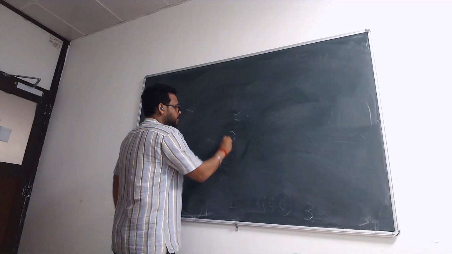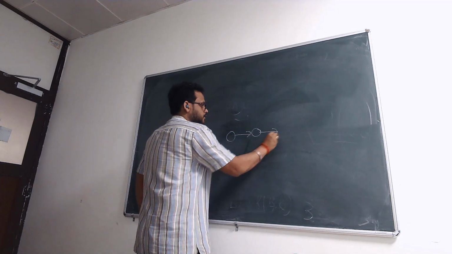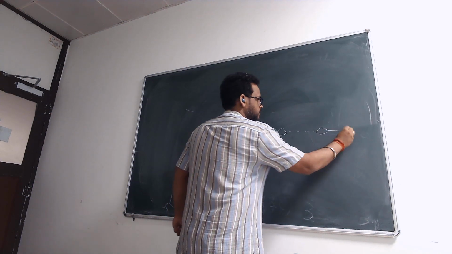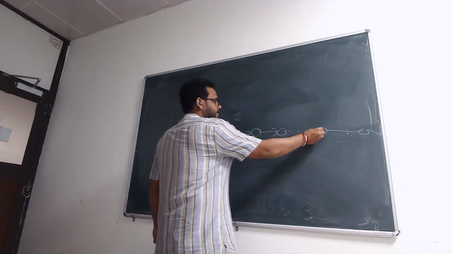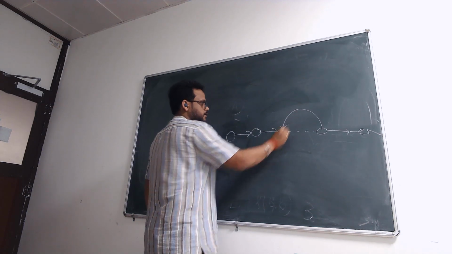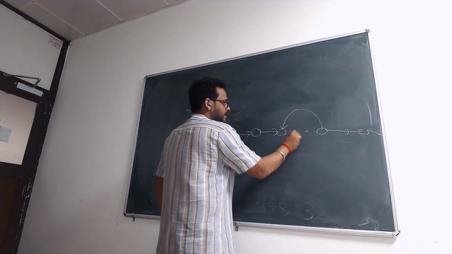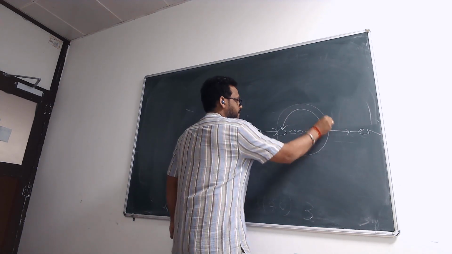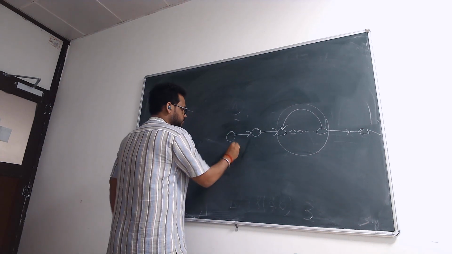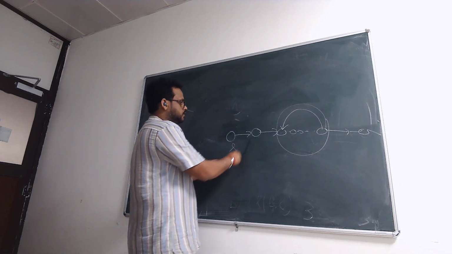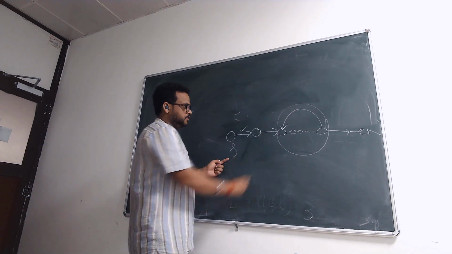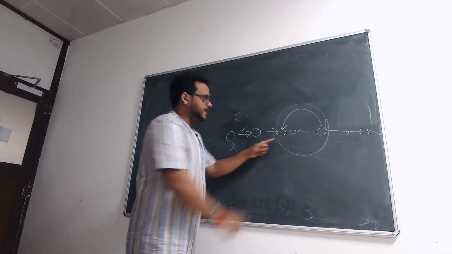Look here. Suppose this is a given graph, and there is a negative cycle like this, between this node and this node, and there are many nodes here, and all these nodes are part of one cycle, and this is the source node. If you start traversing from this, the shortest path for this node is the weight of this edge. For this node, you cannot say anything.